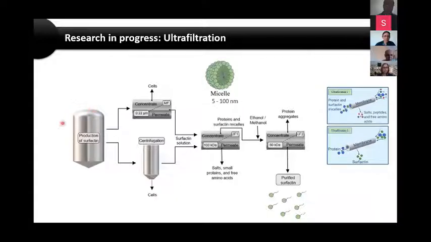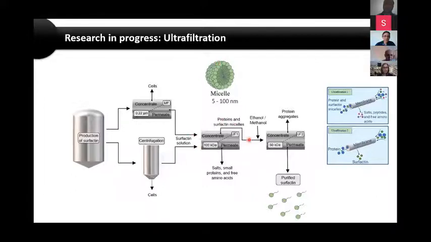For instance, the first step is to produce biosurfactants. After that, you separate the microbial biomass from the surfactants. Then you can run a first-step ultrafiltration using a 100 kilodalton membrane. This is quite nice because when biosurfactants are at high concentration, they aggregate themselves into huge structures like this.